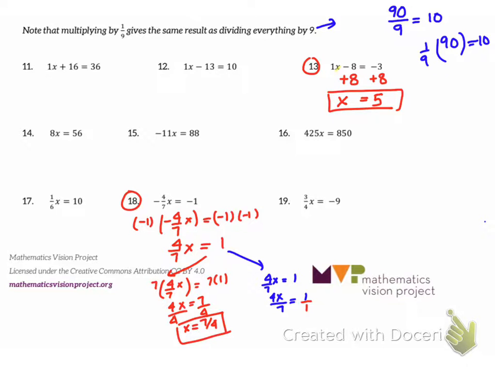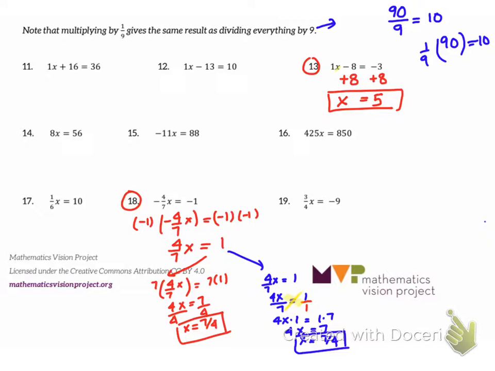After that, I can do a cross multiplication: 4x times 1 is 4x, and 1 times 7 is 7. So 4x is 7. Divide both sides by 4, and you get x is 7 over 4. Up to you, you can use any strategy. There could be many more strategies to solve the same problem. I hope you get that.